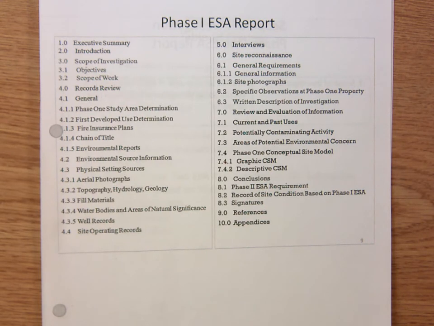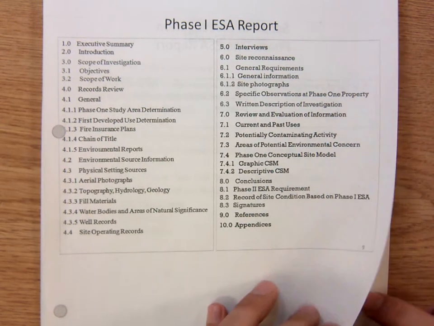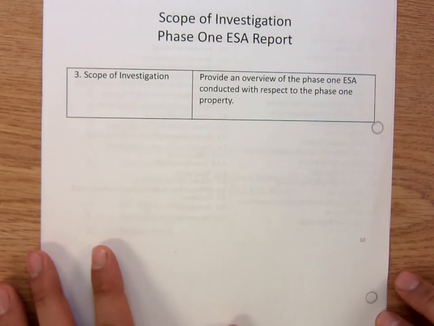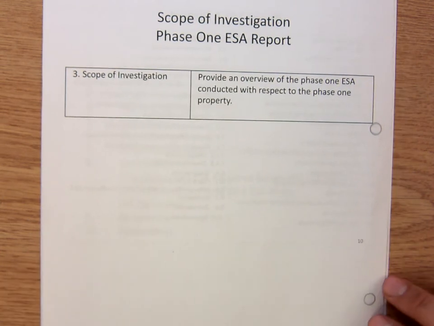You also have an introduction. In your introduction, you are explaining the property, where it is located, why the client actually contacted you, when the contact was done, and what is the project that you're taking on. Then you go ahead and explain first what is the scope of your site investigation.